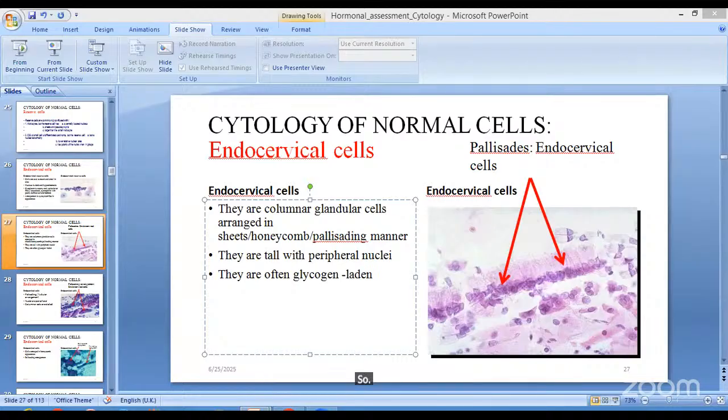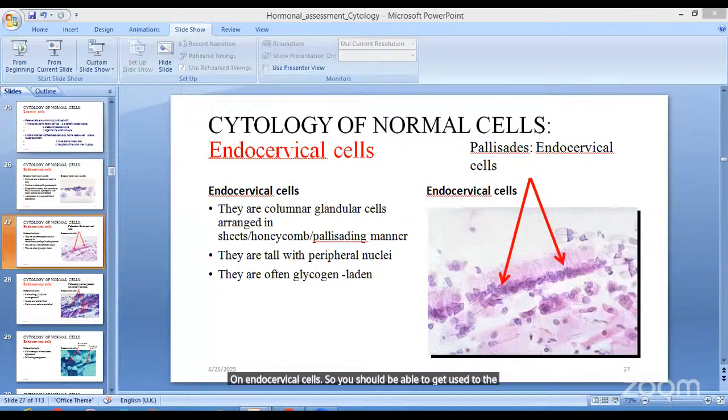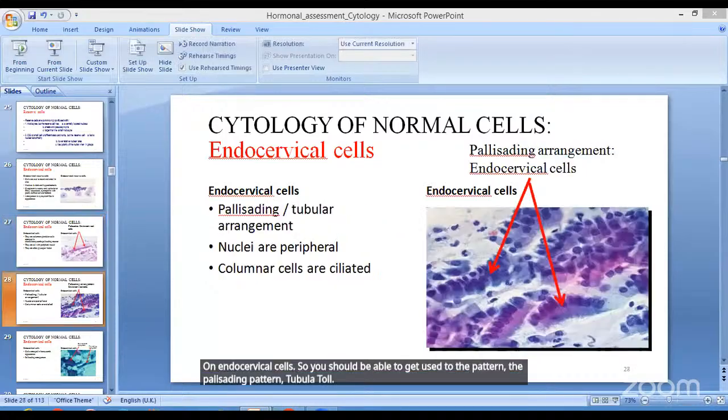So I'm going to show you a series of slides on endocervical cells. You should be able to get used to the palisading pattern, a tubular, tall palisading arrangement.